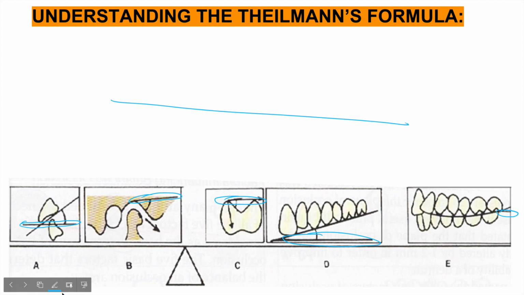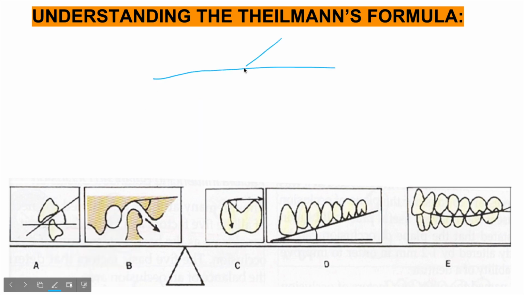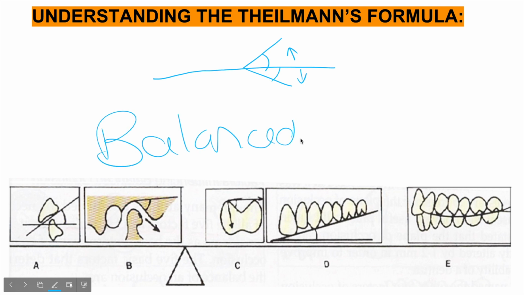Right here, that's a terrible horizontal plane. Okay, wow, that's even worse. Horizontal plane with any angle steeper, any angle shallower. And that's what we're going to play with until we find a balanced occlusion.